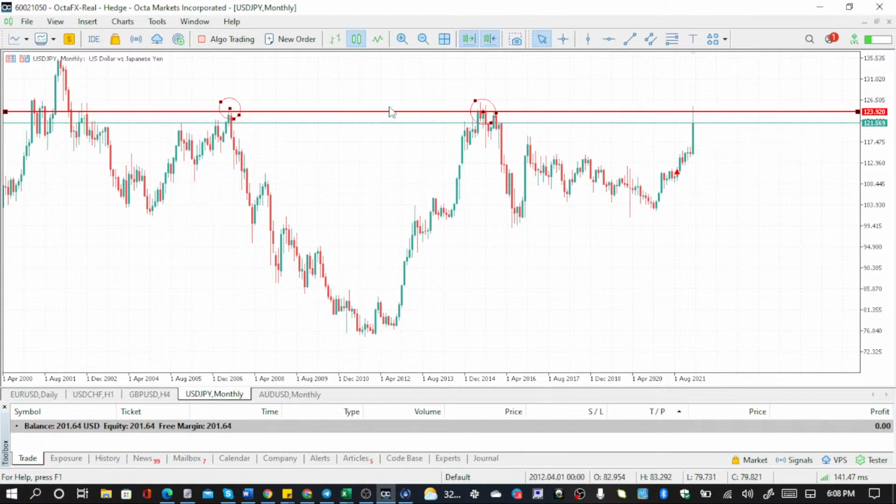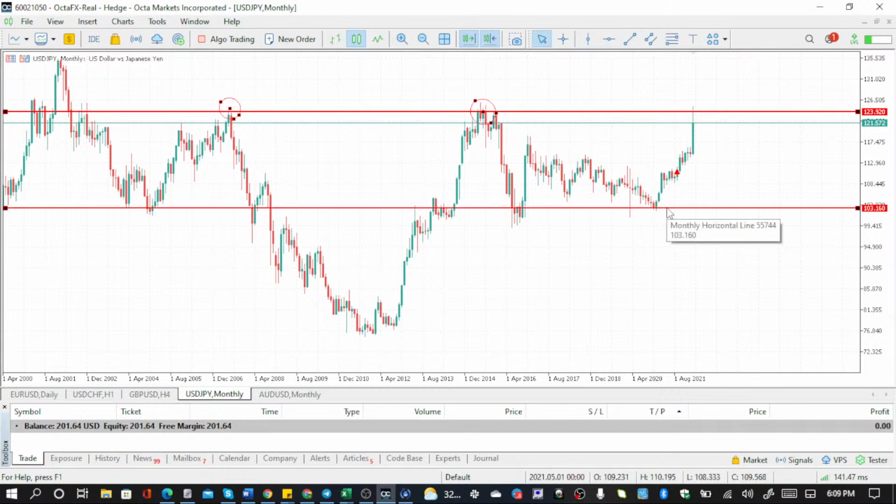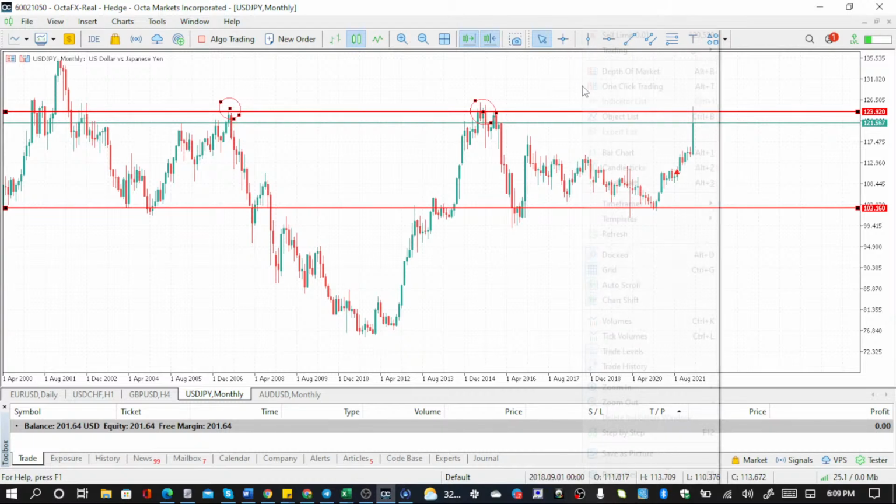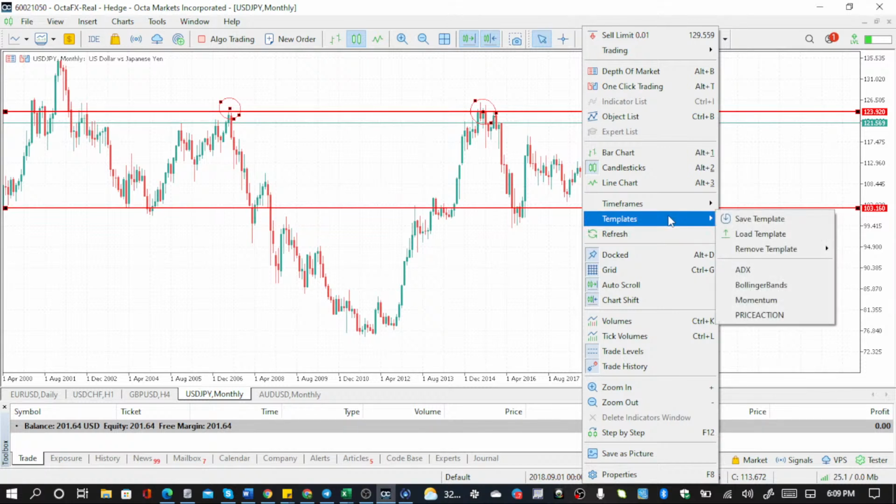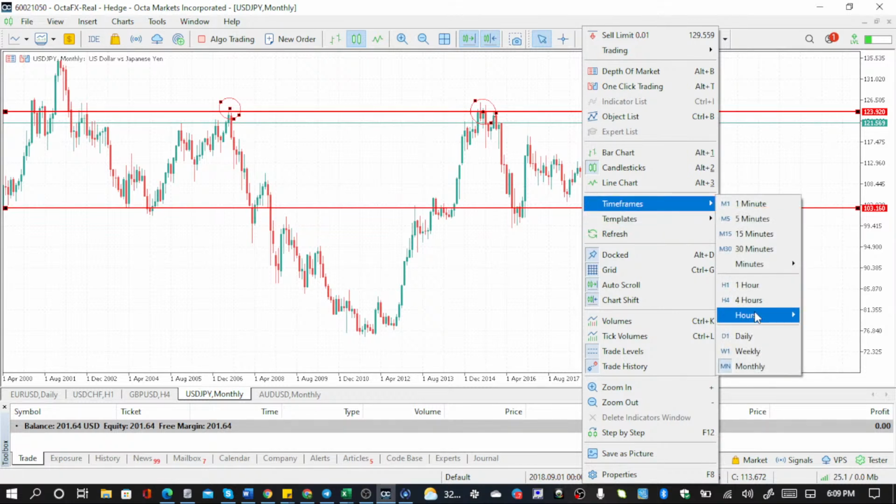So we've now mapped out a resistance level on a monthly time frame. Let's also map out the support level, which might help us in determining our take profit level and our stop loss. Now let's go down to the weekly time frame.